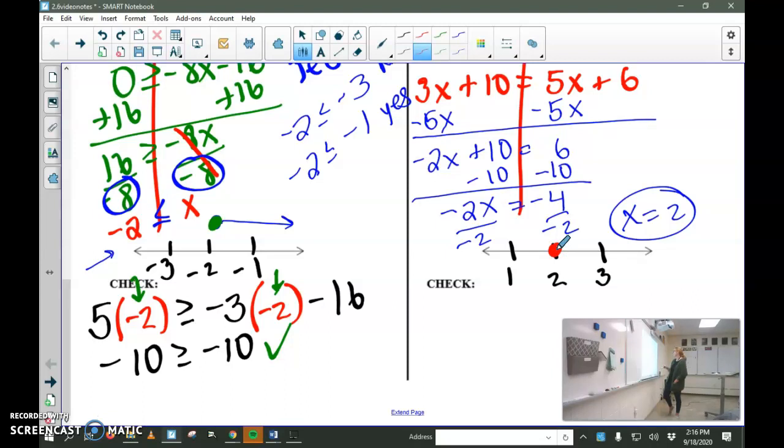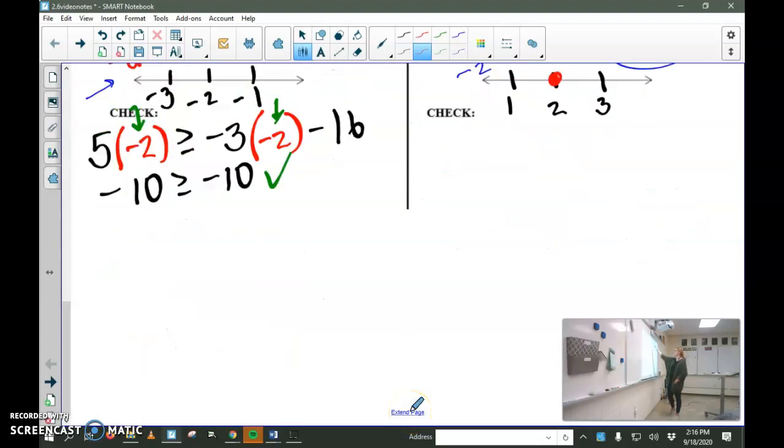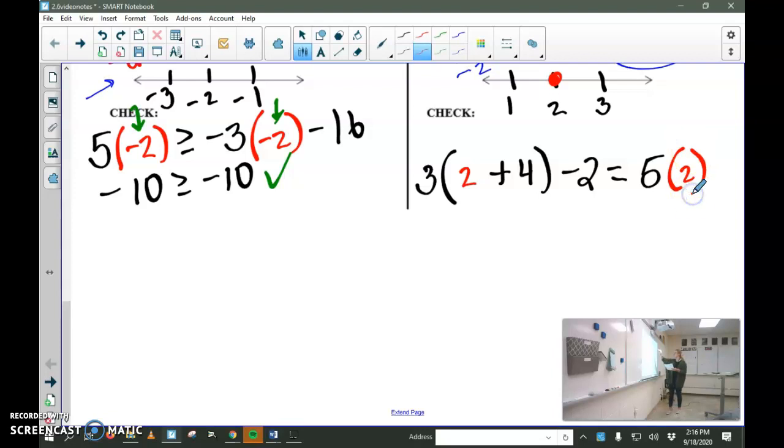Okay? And the last thing I want to do is check. So again, when I go to check, I write out this original equation, 3 parentheses. In place of x, I'll put the value that I got, and then plus 4 minus 2 equals 5 parentheses 2, and then plus 6.